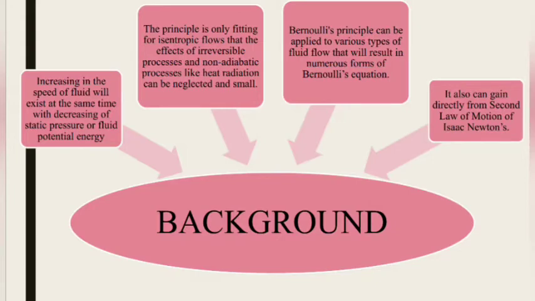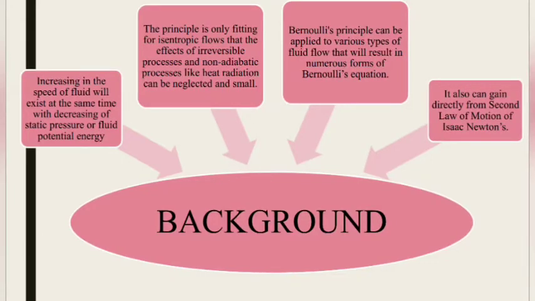Leonhard Euler obtained the Bernoulli equation in its usual form in 1752, even though Bernoulli assumed that pressure decreases when flow speed increases. Next, the principle is only fitting for isentropic flows, where the effects of irreversible processes and non-adiabatic processes like heat radiation can be neglected and are small.